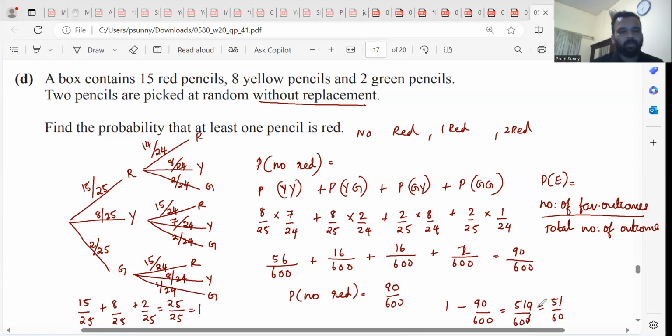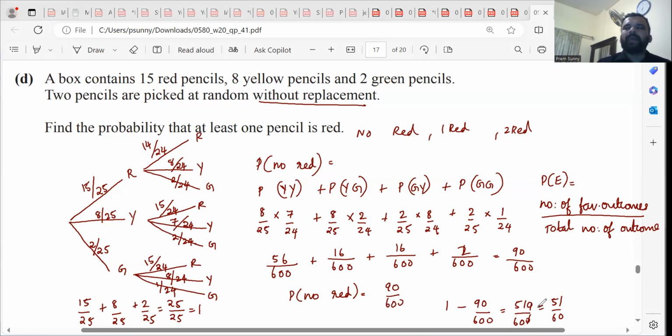So once we are done with the tree diagram, the question was to find the probability that at least one pencil is red. At least one red means there are three different cases. No red in both the cases, we will not be getting any red. That is one case. The second case, probability of getting one red and one another color, or the last case, probability of getting both of them as red.